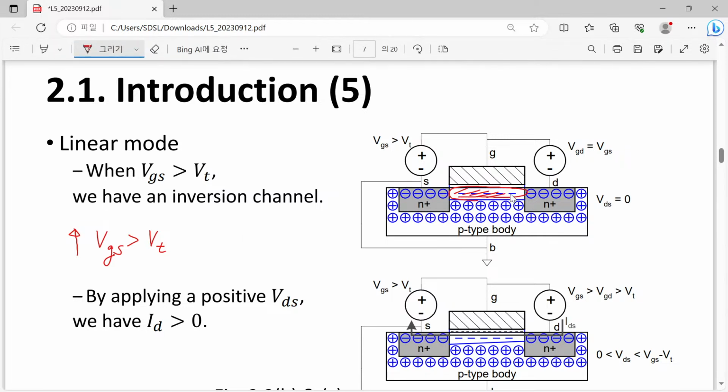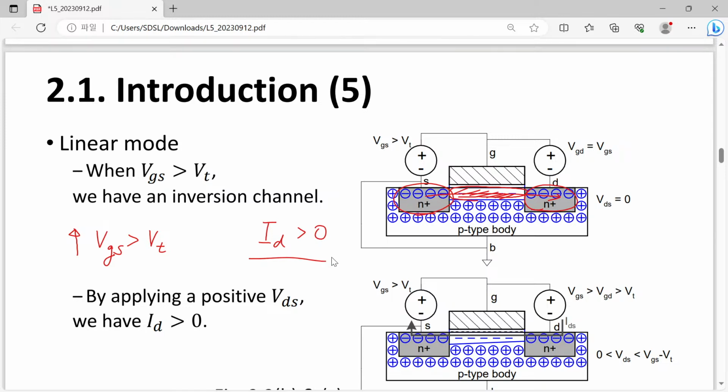Then, as I explained many times, we have a good electrical connection between source and drain, so we have the capability to conduct electrical current. We will have non-zero current, and drain current will be much larger than 0.